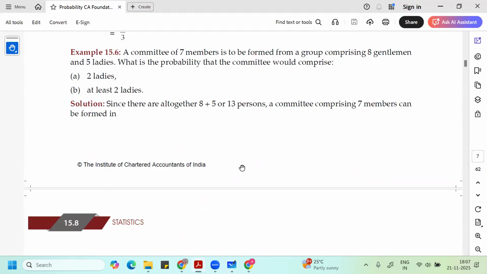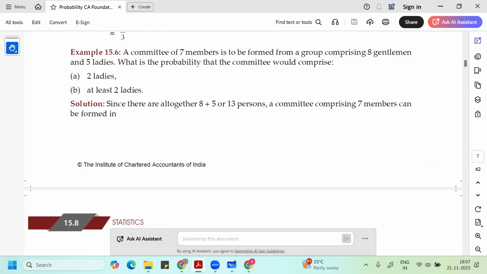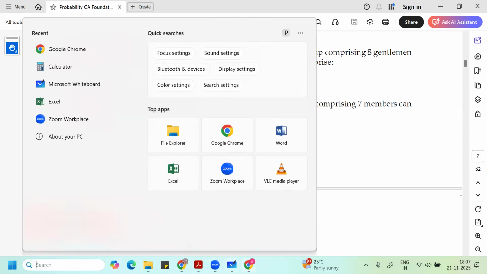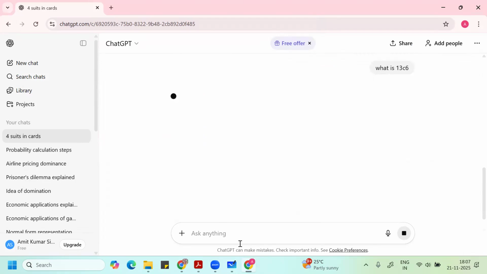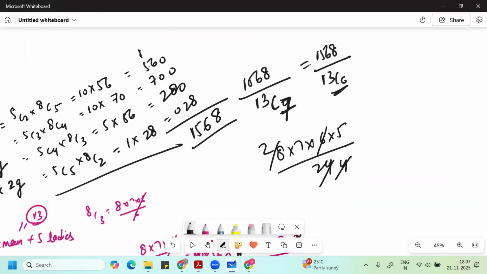What is 13C6? You can use a calculator. It is 1716. So the answer is 1568 by 1716.